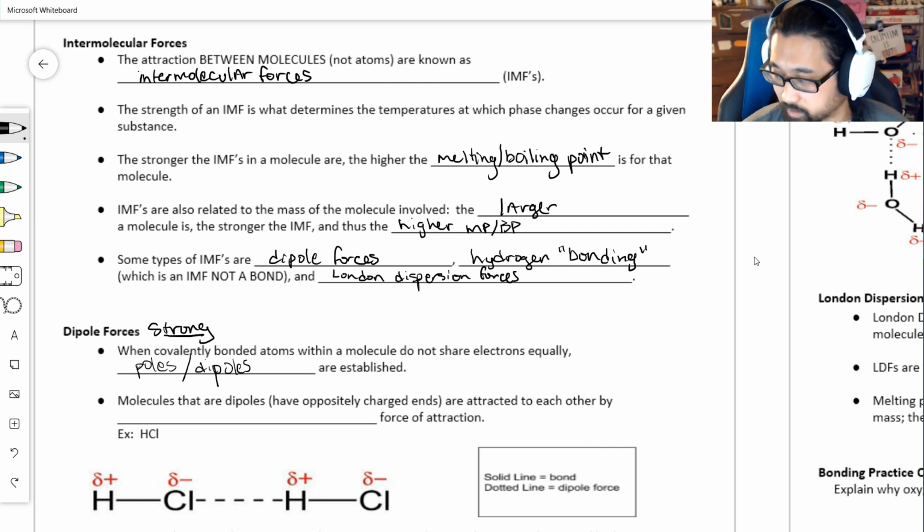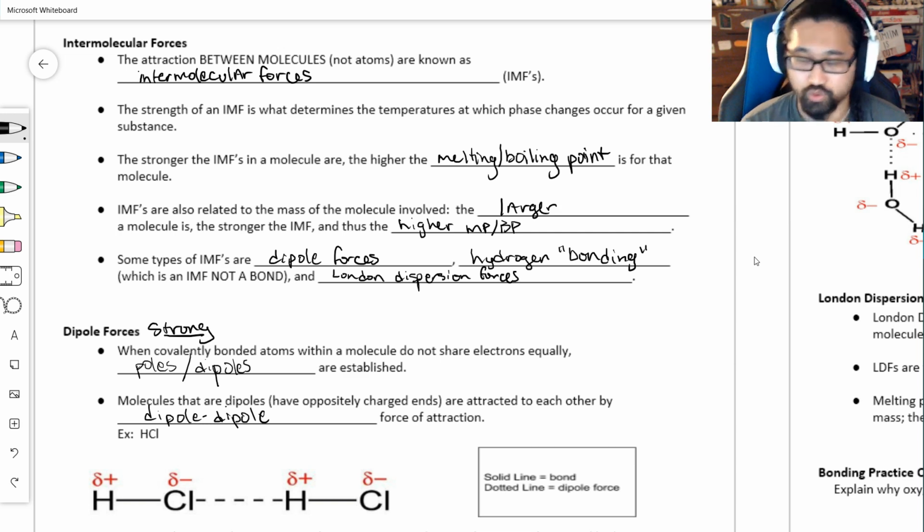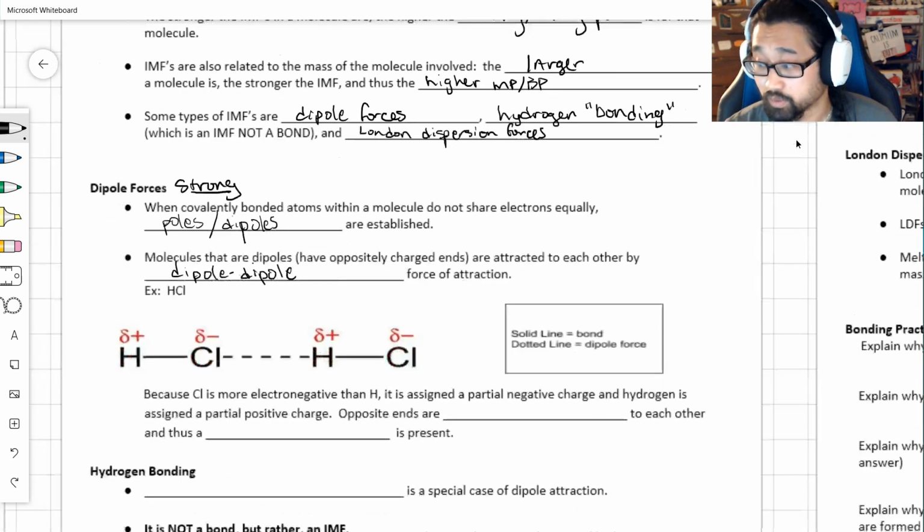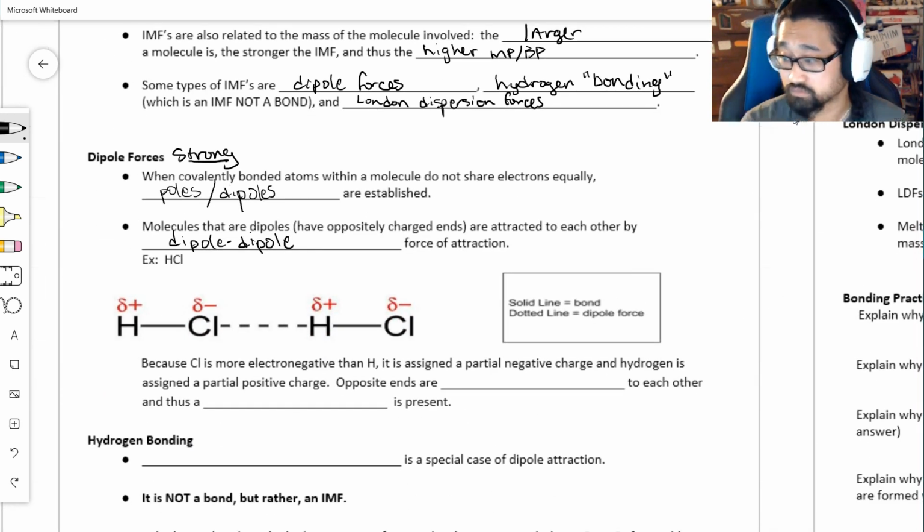But poles are established. And when you have poles, you have a positive, negative, opposites attract. They're attracted to each other by what we call dipole forces of attraction. For short, we just call them dipole forces. But they're strong. Right. And again, this has to do with electronegativity, but just to fill in the blanks, opposite ends are attracted to each other, and thus a dipole force is present.